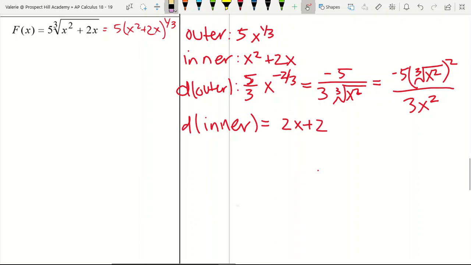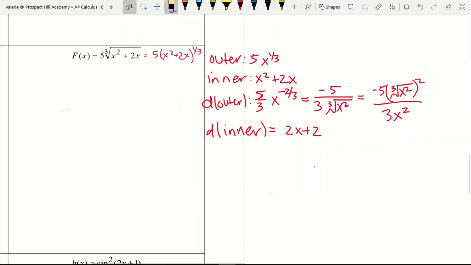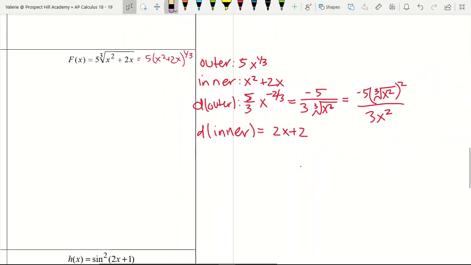Right, so then to write the derivative of capital F of x, we need the pregnant mother. So everywhere we see x, we're plugging in our inner function.